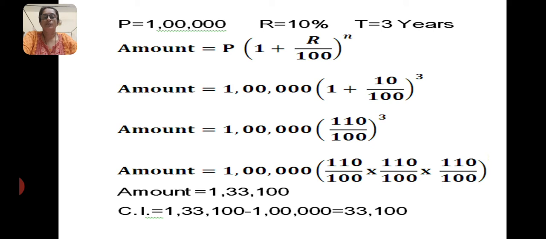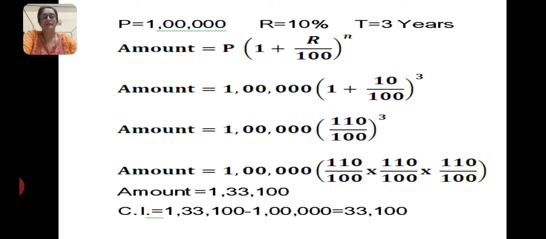So let us put the values in the formula. P is 1 lakh, 1 plus R is 10 upon 100 and n is 3. So 1 lakh as it is, 1 plus 10 upon 100 becomes 110 by 100, that is raised to 3.